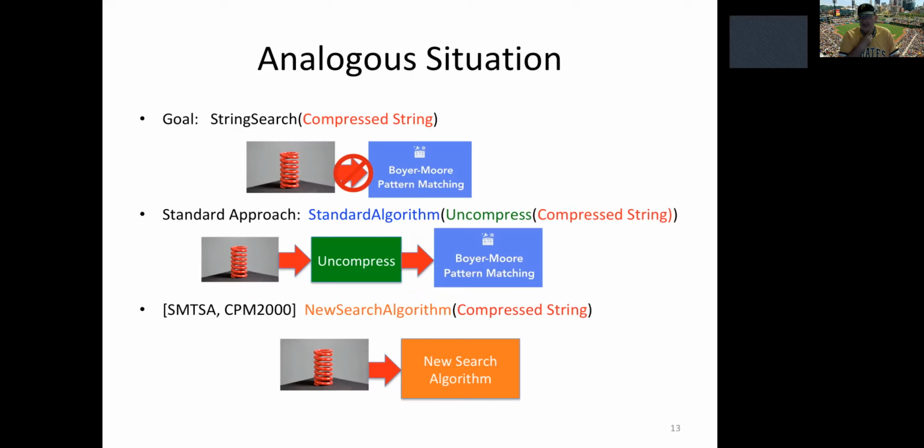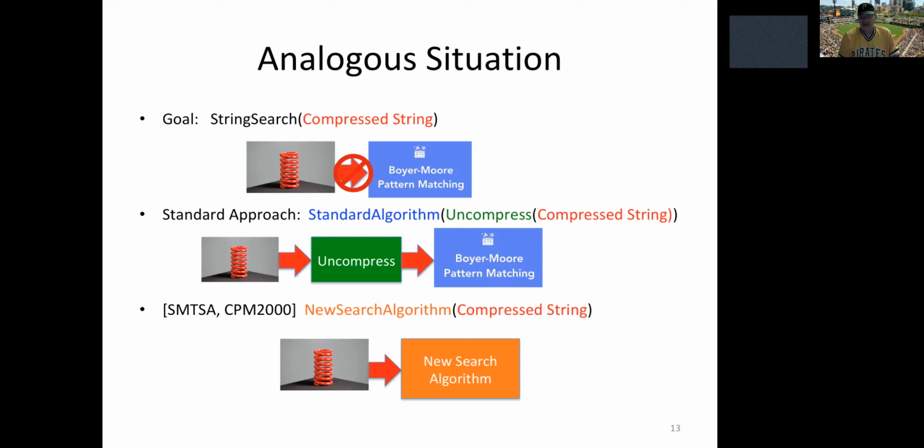So here's an analogous situation. Imagine that you want to do string searching on a compressed string. You have a tight mismatch issue here because you want to search for some string in the uncompressed text, but you can't just apply a standard string searching algorithm directly to the compressed text.